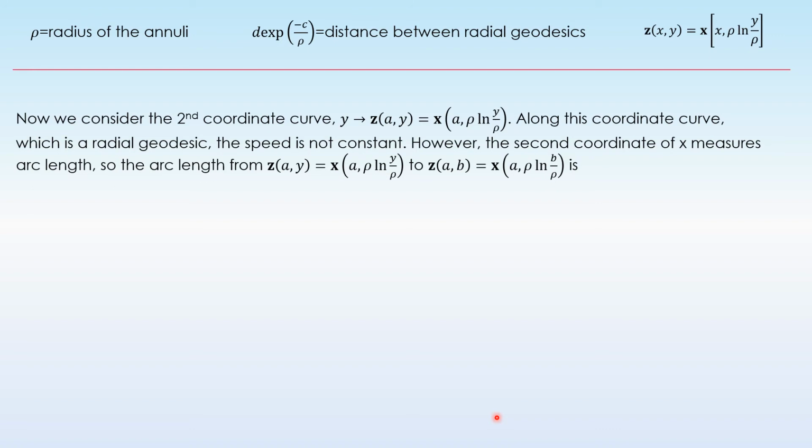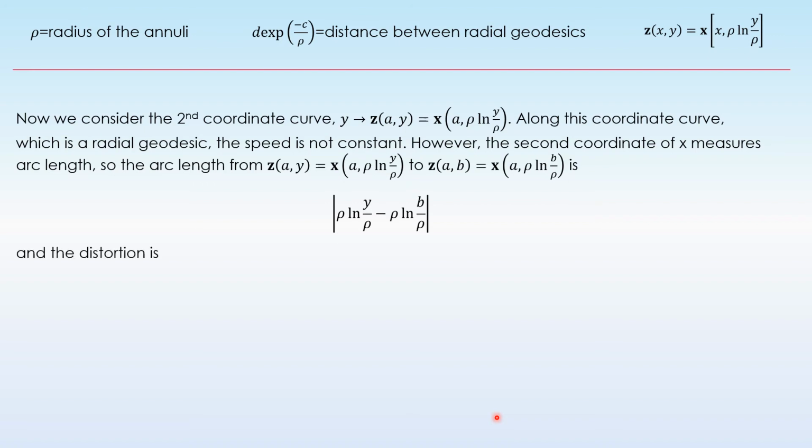However, the second coordinate of χ measures arc length, so the arc length from z of (a, y), which is equal to our intrinsic map χ of (a, ρ natural log of y over ρ), to our point z of (a, b), which is equal to our intrinsic map χ of (a, ρ natural log of b over ρ), is just going to be the absolute value of the difference in our y coordinates.